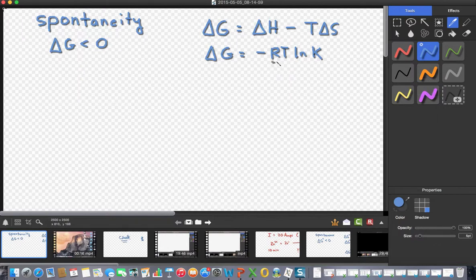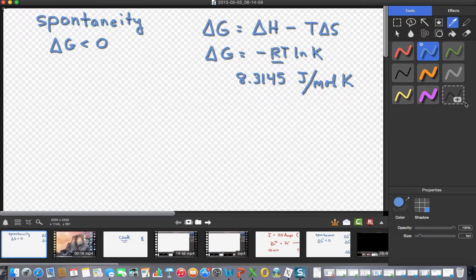In this case, R has a value of 8.3145 joules per mole Kelvin. And so this is the value of R you use with any kind of thermodynamical system or any kinetic system, like when you're using the Arrhenius equation.